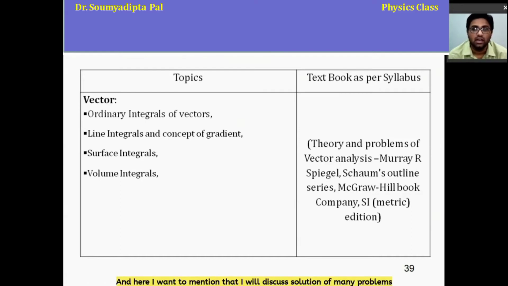And here I want to mention that I will discuss solutions of many problems related to ordinary integrals, line integrals, surface and volume integrals, to understand how to perform different types of integration involving these line, surface and volume integrals.